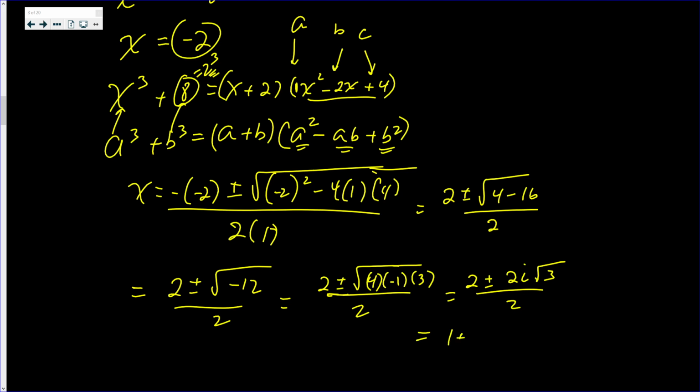This becomes 1 plus or minus 1i square root of 3 over 1, which is nothing. It's just 1 plus or minus i times the square root of 3. There it is.